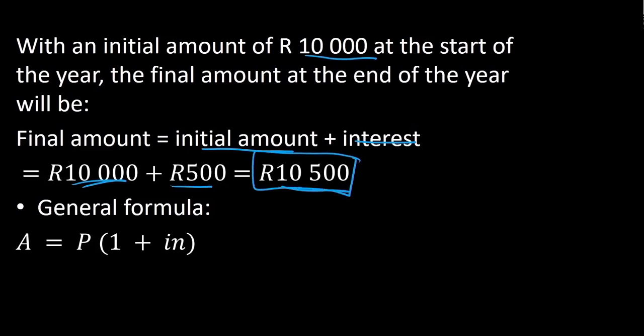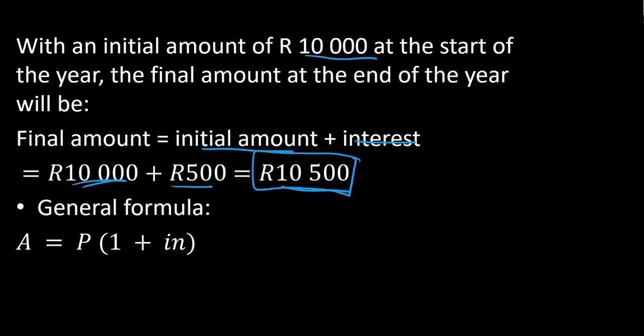Of course, if you had just taken your money and chose not to put it into a bank, that 500 Rand you would not have earned. So that 500 Rand is the gain that you receive for investing your money. Obviously, you only get these gains if you invest your money in a proper financial institution, okay?